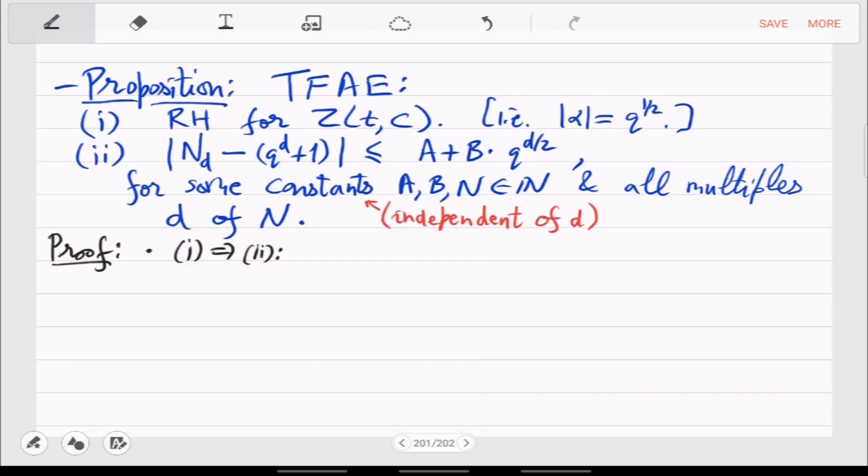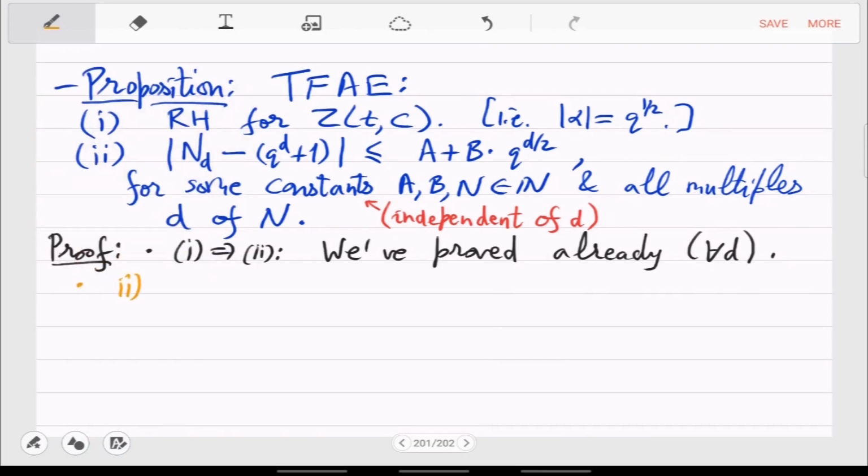So 1 to 2 we have already seen for all d. So the converse is the interesting part. How do we get norm of alpha exactly square root q from this approximate information?